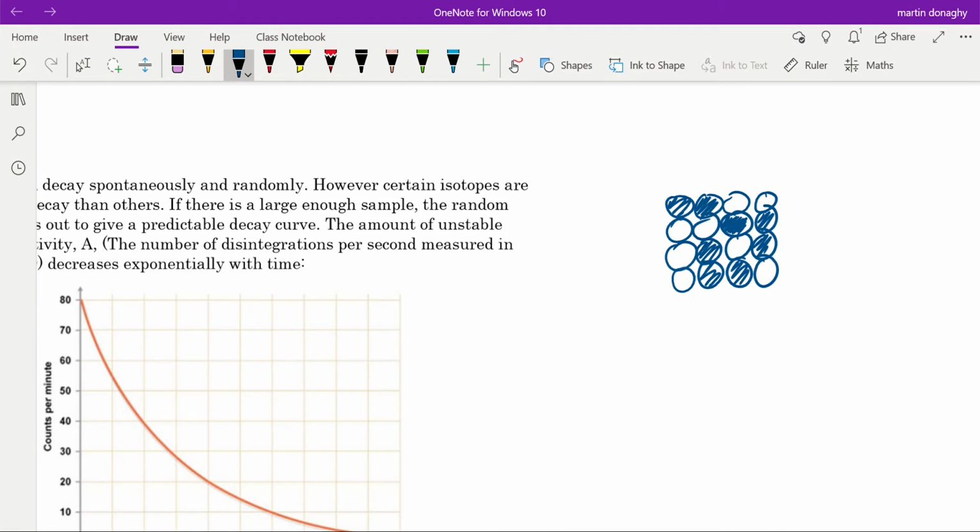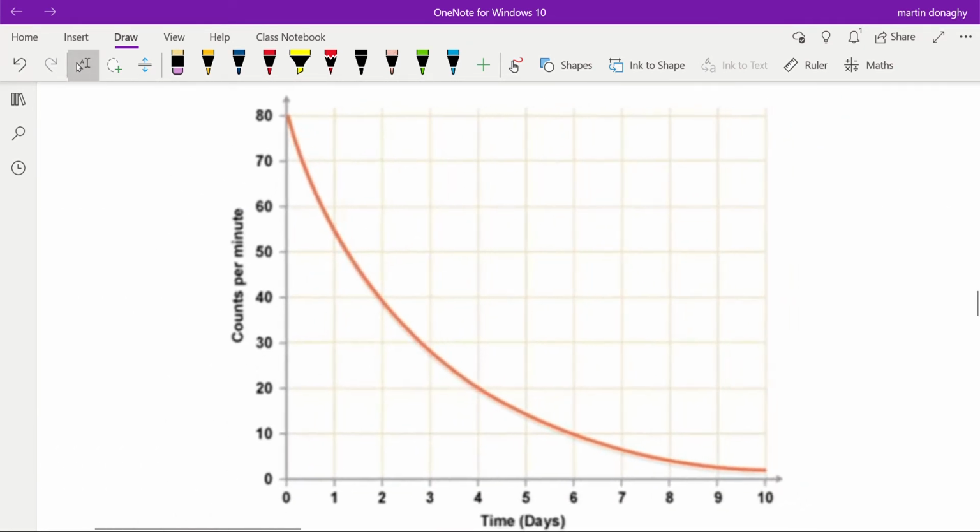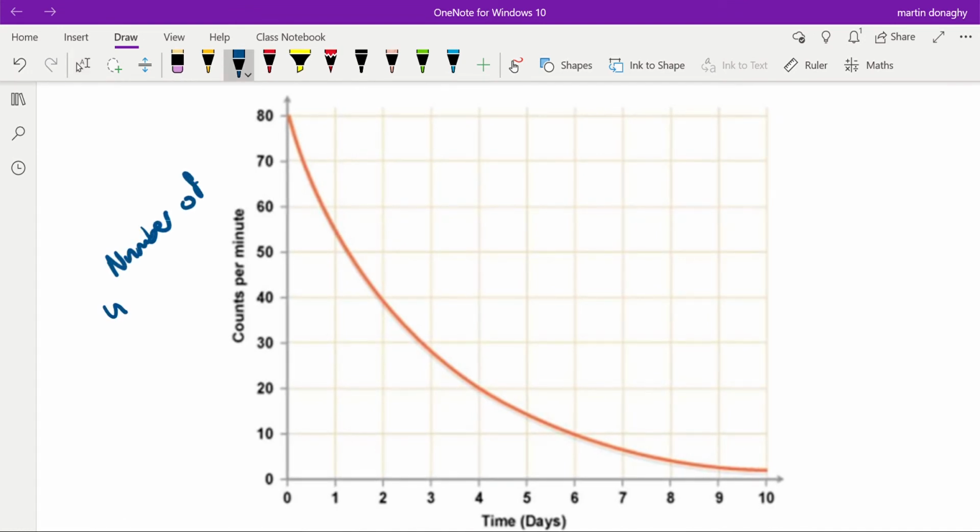Now, when we plot the number of unstable nuclei that remain on a graph against the time, we get this shape. And what it shows is it starts off at our initial amount and it decreases.